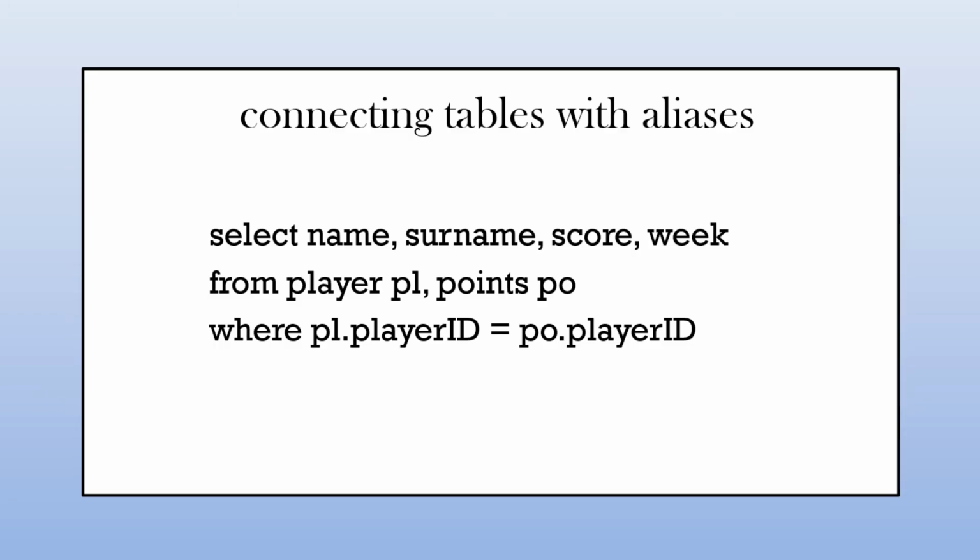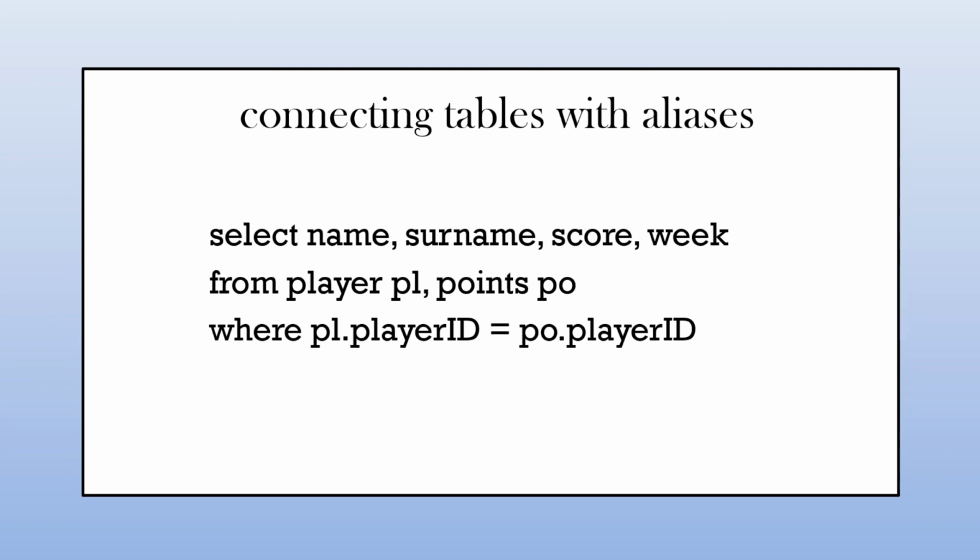So finally we have select, we've got the column names, and we're going to take them from the 2 tables we first saw, player and points. To make sure we know that the player is the same player in the points table as in the player table, we can link the primary key player ID to the foreign key player ID from the 2 tables.